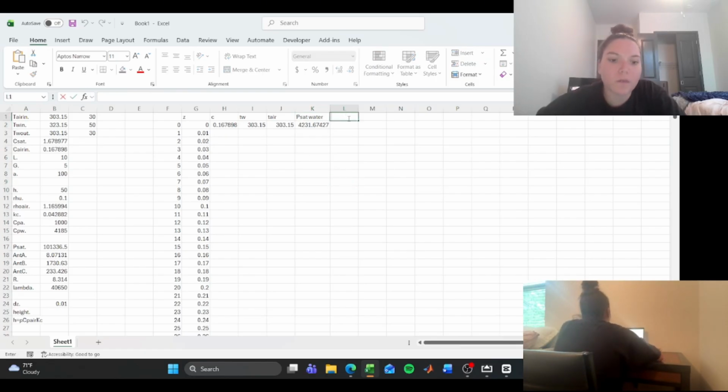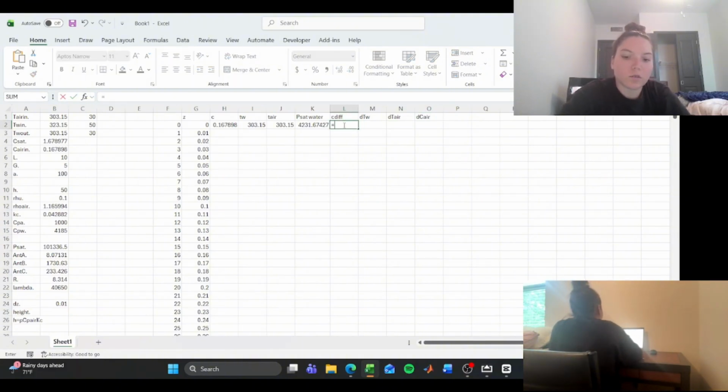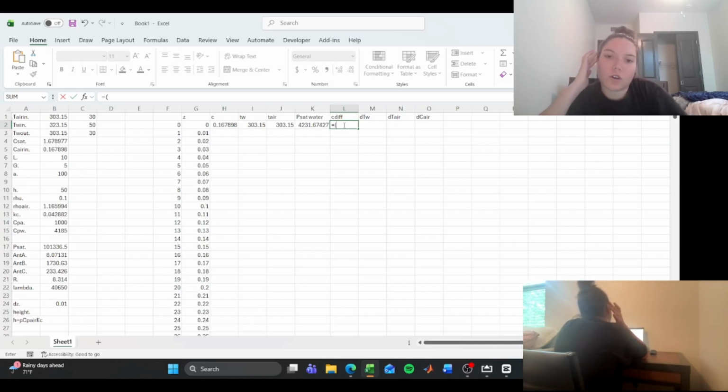So now we need the concentration difference, the change in temperature of water, change in temperature of air, and change in concentration of air. This is going to be equal to, we said it was the saturated pressure over the gas constant times temperature.